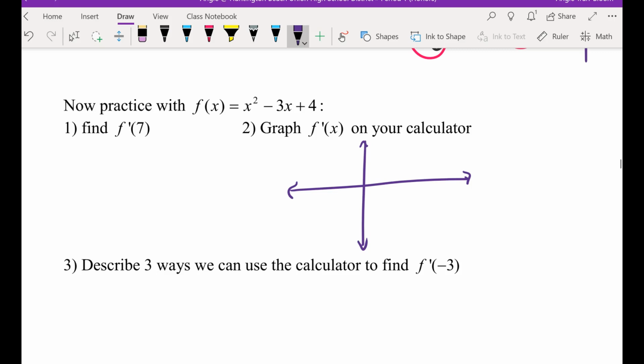Anybody have the answer using the calculator for number 1 yet? What's answer number 1? 11? Okay. Yeah, and number 1 you can use any method you want. There isn't a way that I need or want you to use. You figure out a way that you want to use.